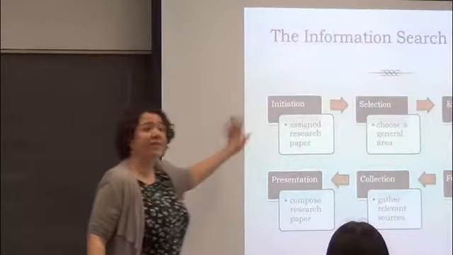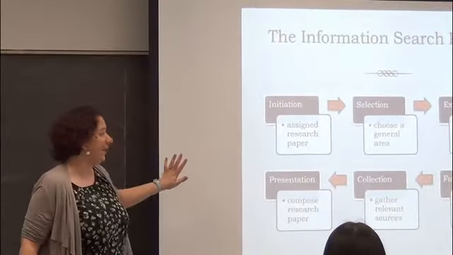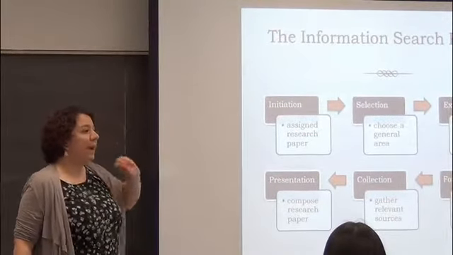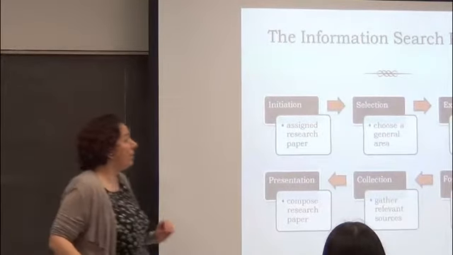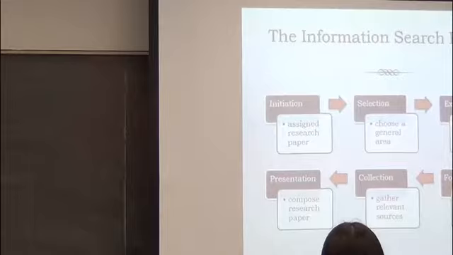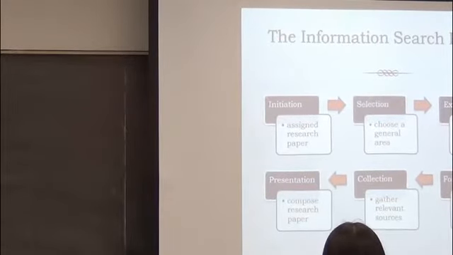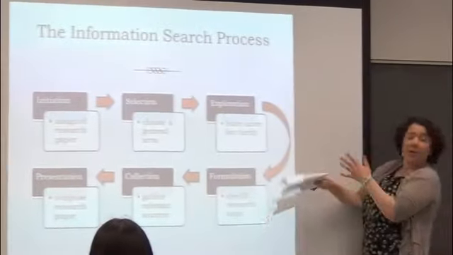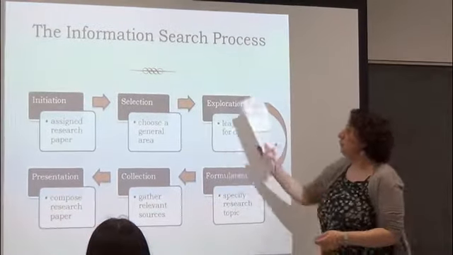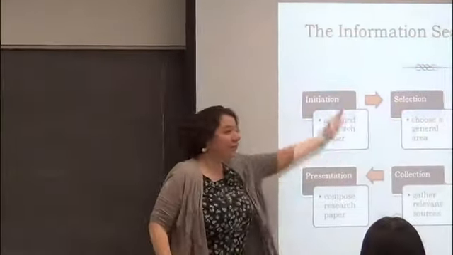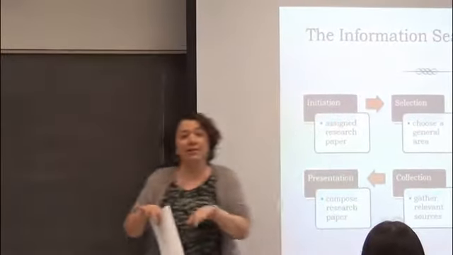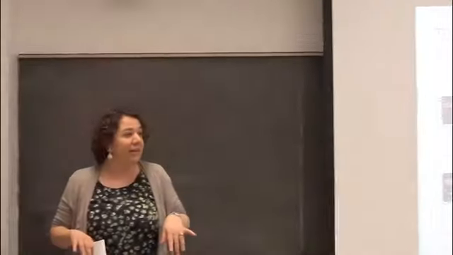And as I said, it applies to everything, even outside of the world of academia. But what happens is a lot of people, not realizing it, jump from here to here and forget about these two stages completely. So what's happening is you're choosing your general area, Revolutionary War, and then you're jumping right to popping it into Google to collect sources.